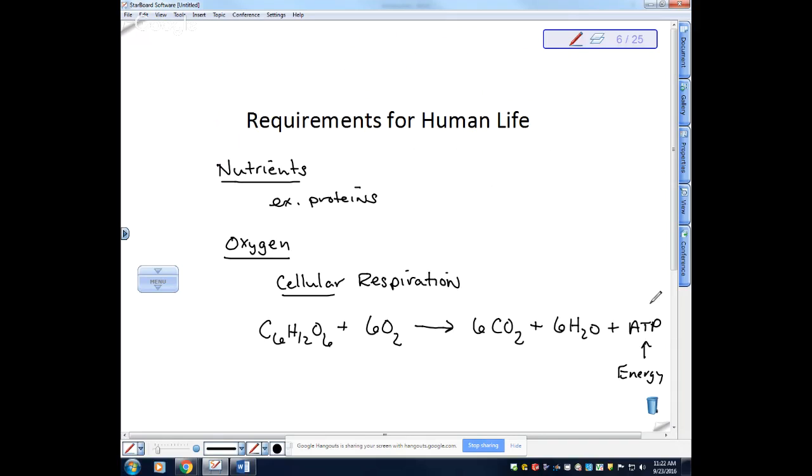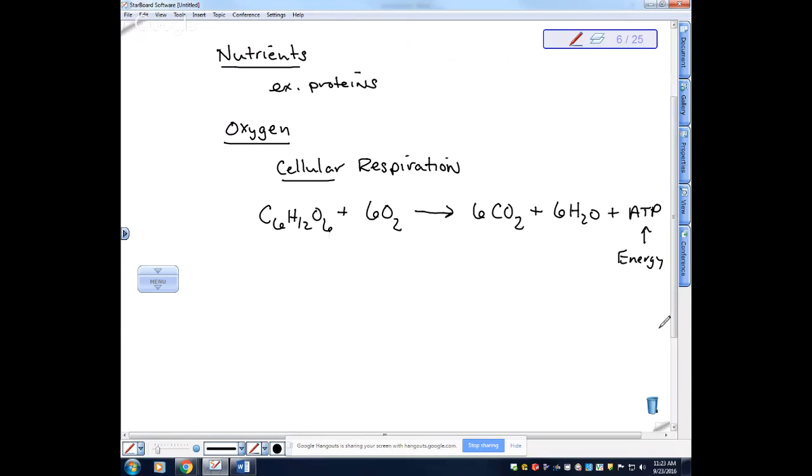So this is the common currency, and we'll talk about what ATP stands for when we get to chemistry. But you just need to know that that is the energy. Okay. So that's cellular respiration. That is why we have to have oxygen: in order to produce ATP.